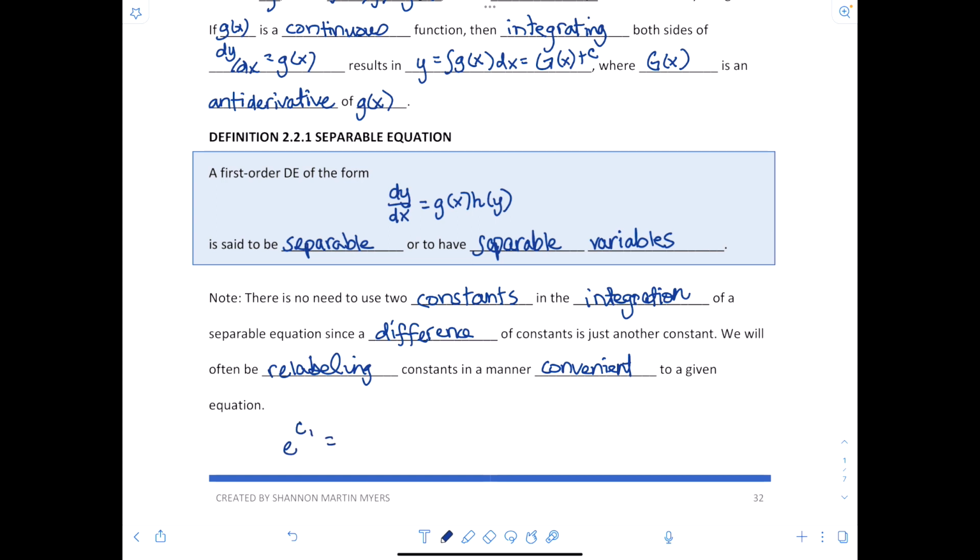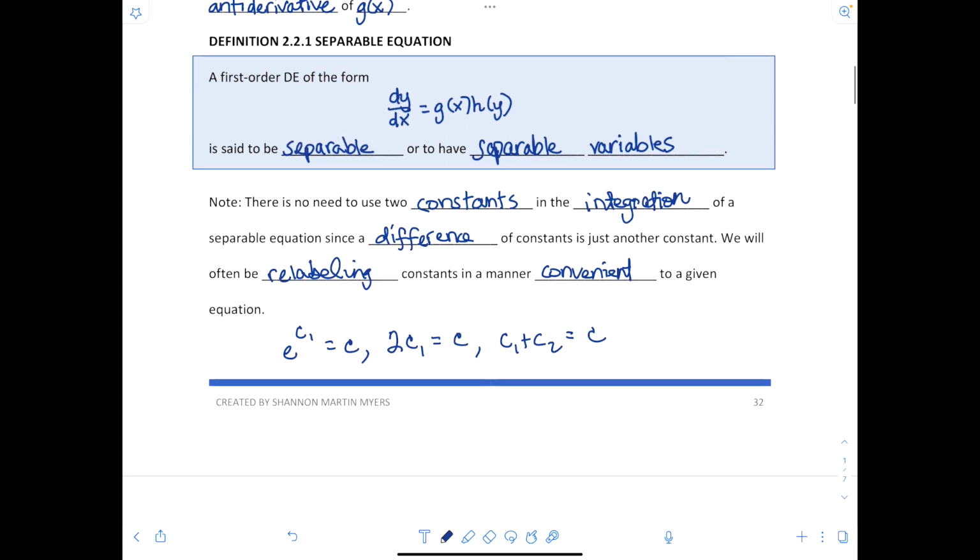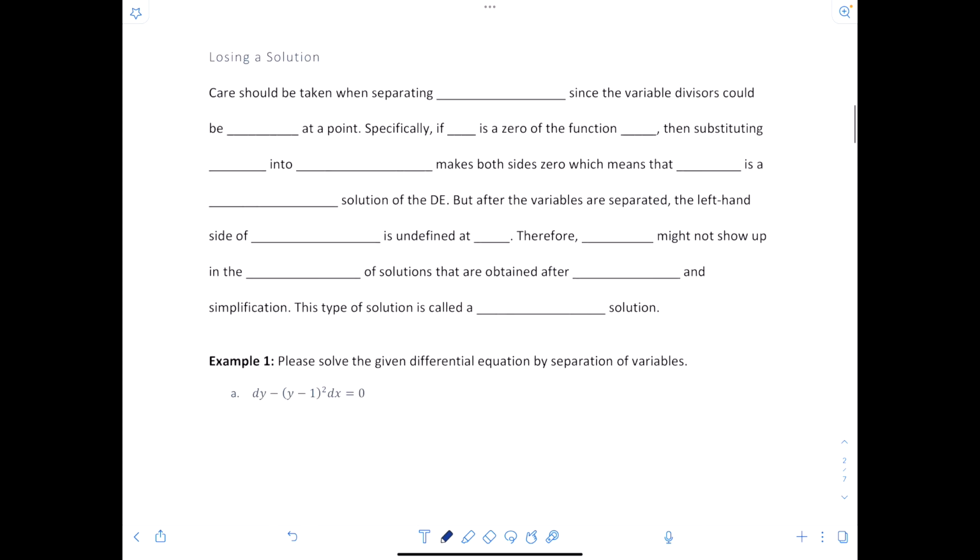Well, e raised to a constant is just another constant. If you double a constant, that's still a constant. If you add or subtract two or more constants, you would get another constant. All right? So sometimes you could lose a solution.